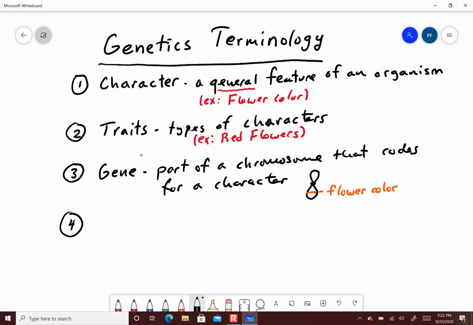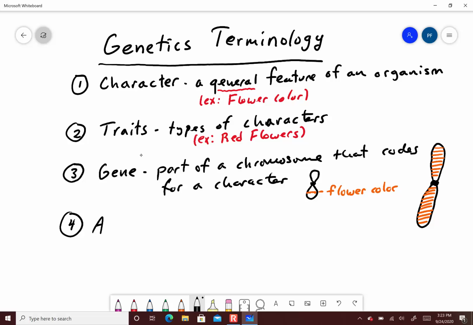If we look at chromosomes, especially in eukaryotes like humans, chromosomes are big and linear, and they have a lot of genes. It wouldn't just be 1 or 2, it would be gene after gene after gene on this chromosome. It would look more like this. So there would be lots of genes for lots of characters on a chromosome.